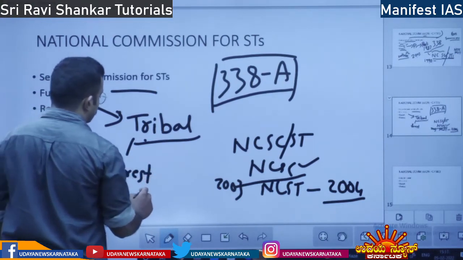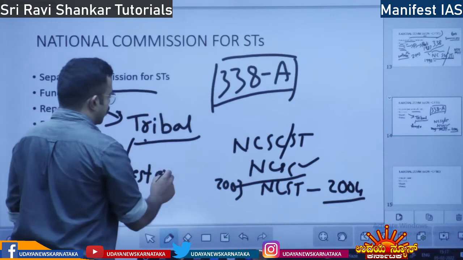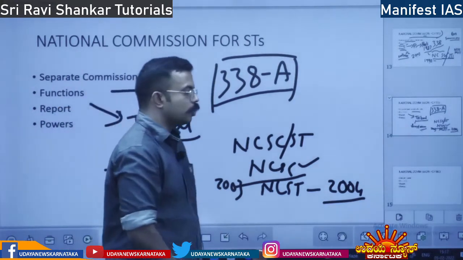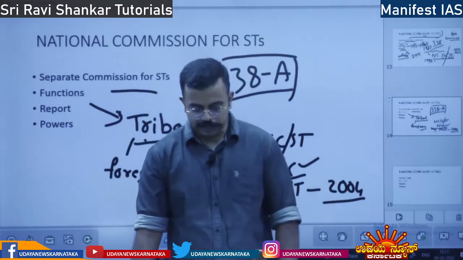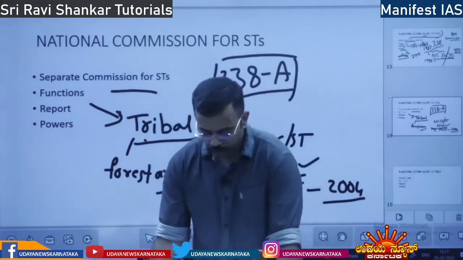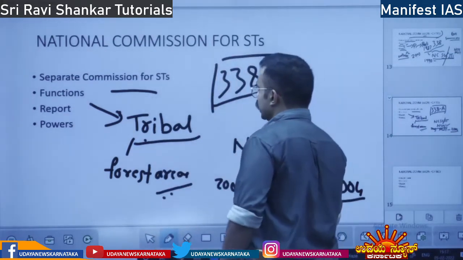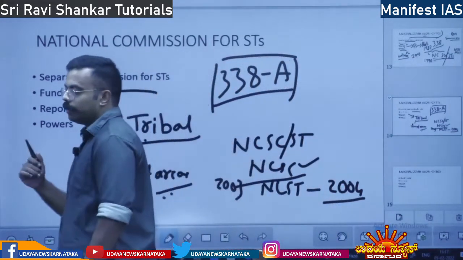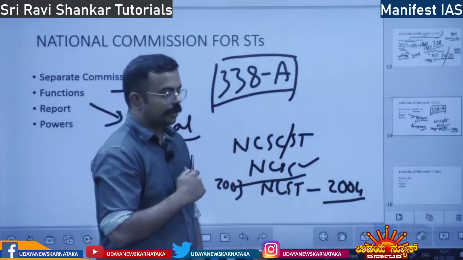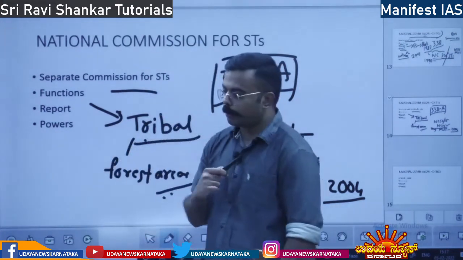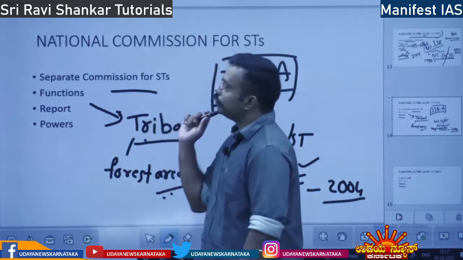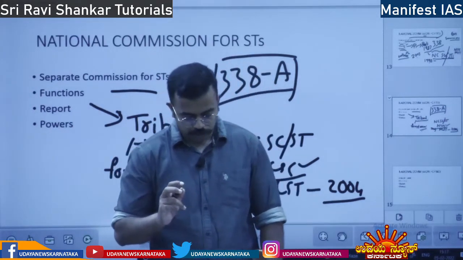So in the forest areas, if there is some issue with forest land ownership, they can directly approach the National Commission of Scheduled Tribes, NCST. And also mineral resources. In the tribal areas, there will be many mineral resources. If the rights of the tribals are breached, if they are compromised in order to extract the minerals, then also they can go to the National Commission of Scheduled Tribes.